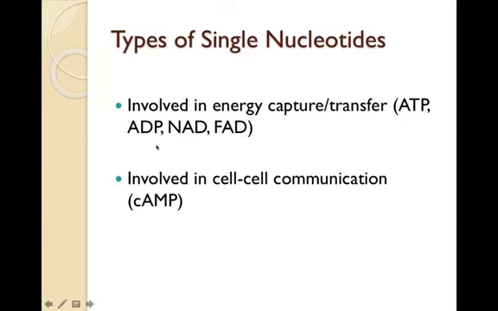The other time that you have single nucleotides used in biological systems is in what they refer to as cell-to-cell communication. And the molecule that is most known in cell-to-cell communication is something called cyclic AMP, or cAMP.